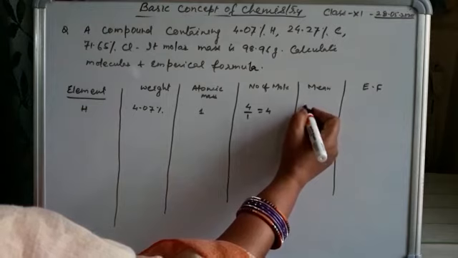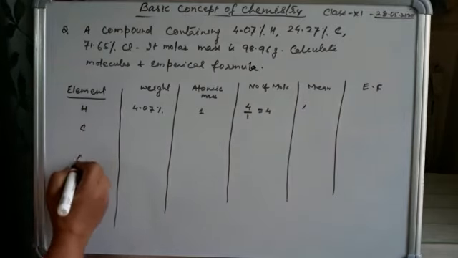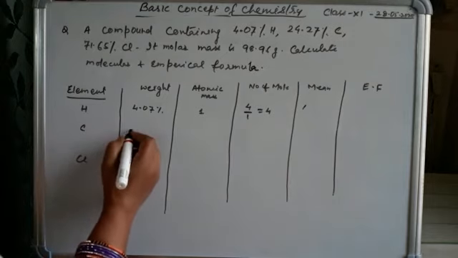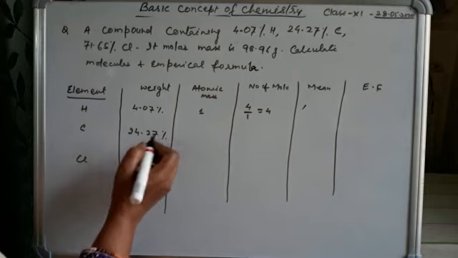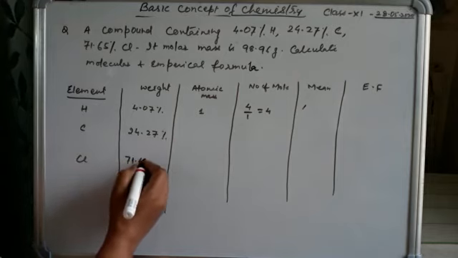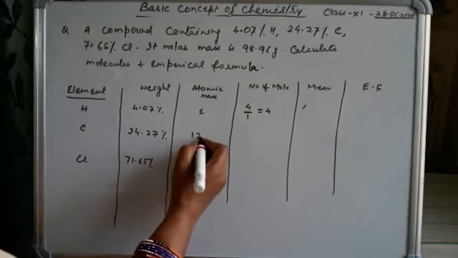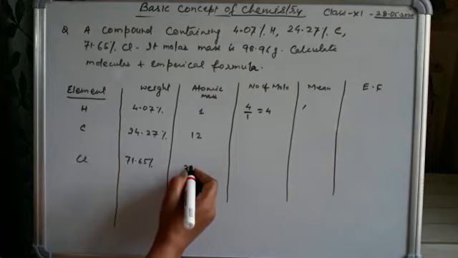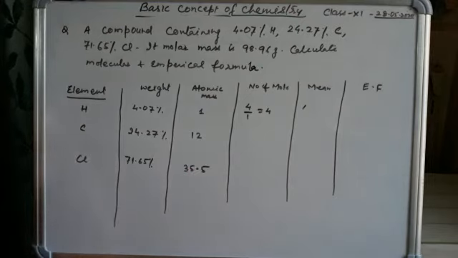And mean, at first we write down the names of all the elements. Carbon, chlorine. Carbon present is 24.27%, chlorine 71.65%, and the atomic mass of carbon is 12, and the atomic mass of chlorine is 35.5.